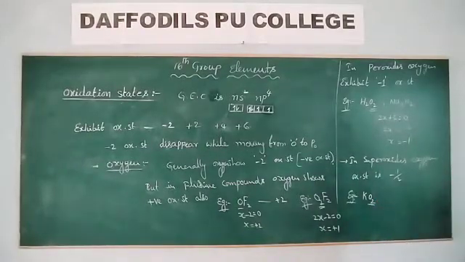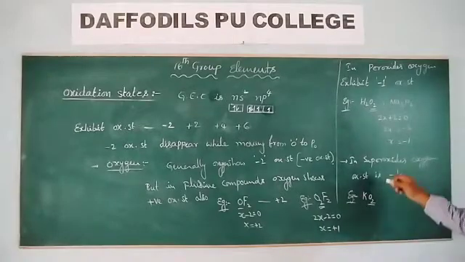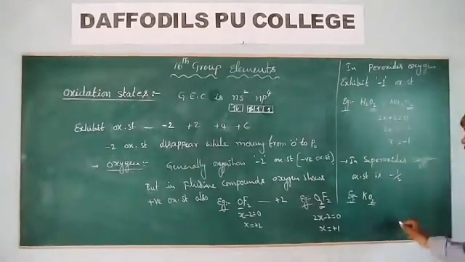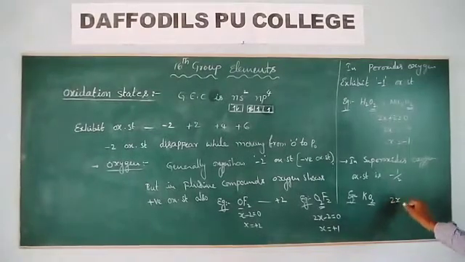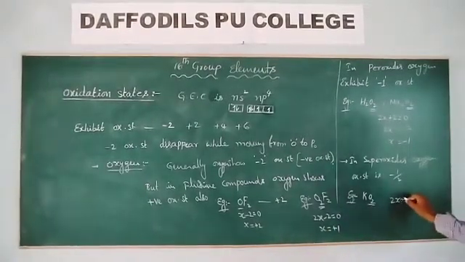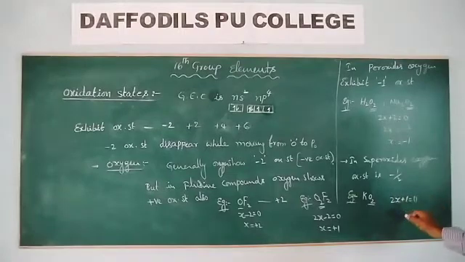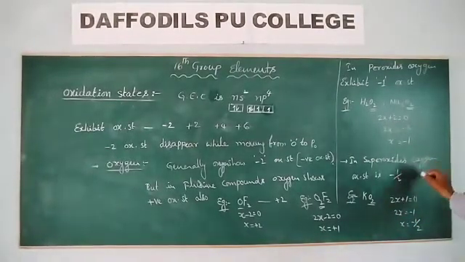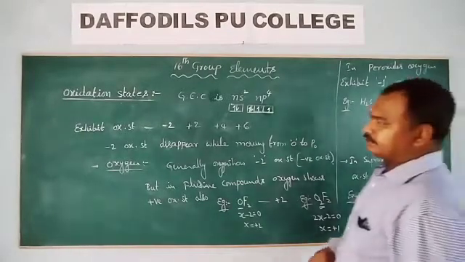I am counting the oxidation state of this oxygen; the underlined part has to be counted. So 2x, plus the potassium oxidation state +1, is equal to 0. 2x is equal to -1, so x is equal to -1/2. So what is the oxidation state of oxygen in superoxides? -1/2.